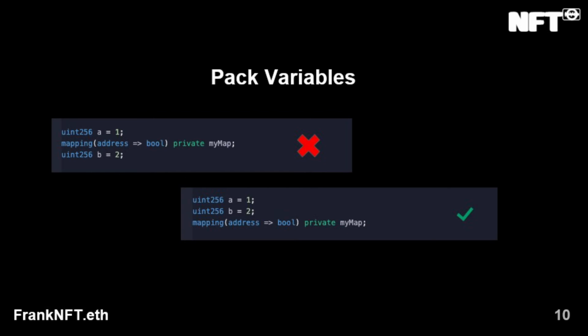So with this code, I'm creating 3 blocks to store these variables. If I do it like this, I will only create 2 blocks, because I will put the 2 uints together in one block. This is for you as a developer. It's the deployer that will pay a little bit less. So it won't be less gas for your user, but it will be a little bit less gas for you as a deployer.